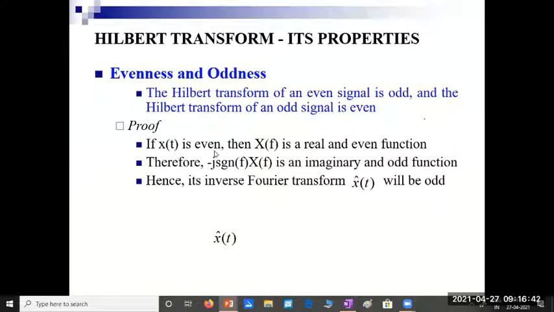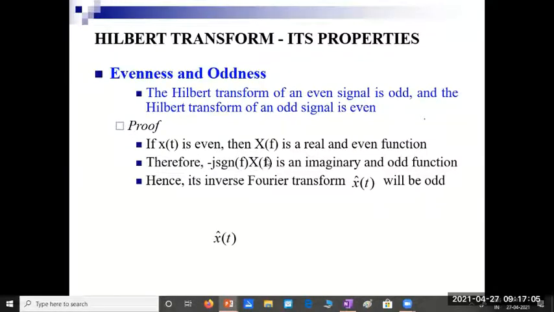If the function was even, then its Fourier transform would have been even, but the Fourier transform of its Hilbert transform will be represented as x of f into minus j signum of f. So please remember that. That's how we defined x cap of f.